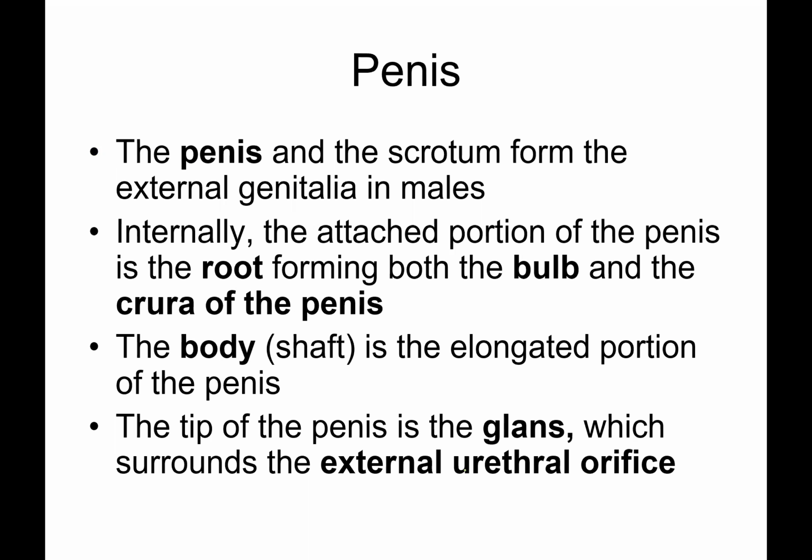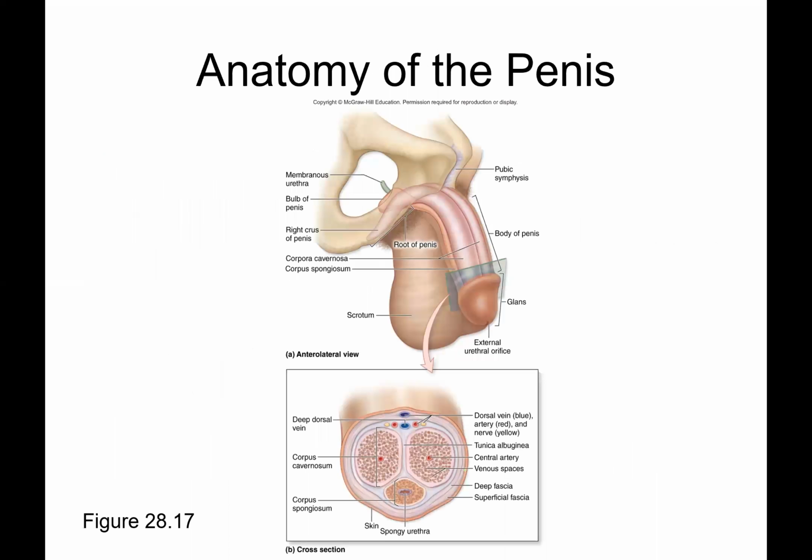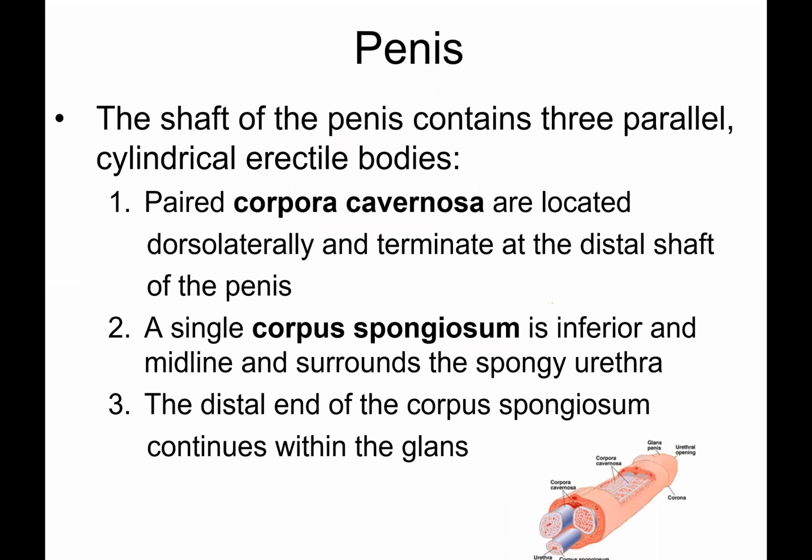Okay, so the external genitalia would be considered the penis and the scrotum. The body is the shaft. The tip of the penis is the glans. You might also read in certain books prepuce. Mentioned this earlier with the cavernosa and the spongiosum areas that help with erection.